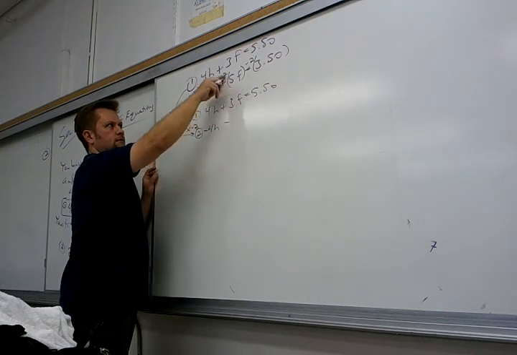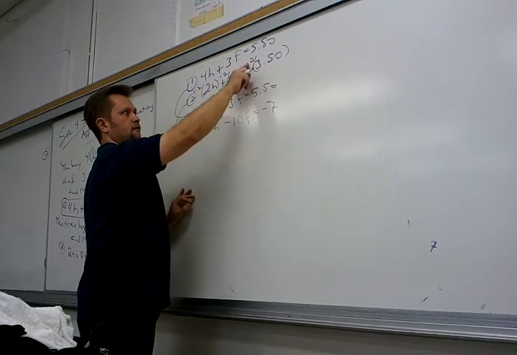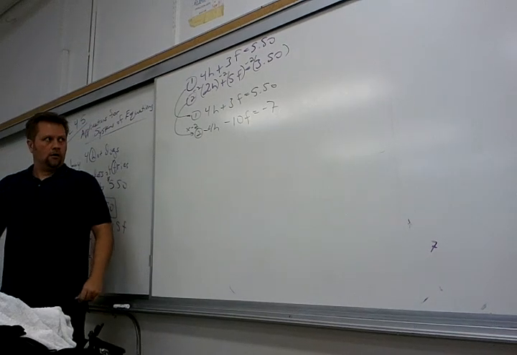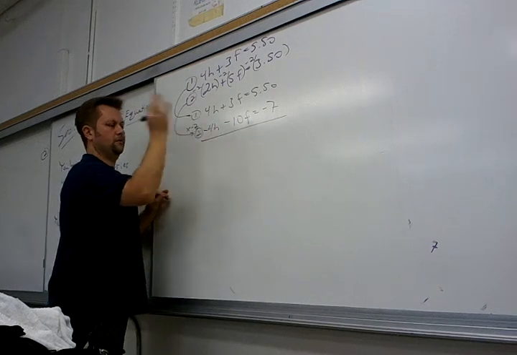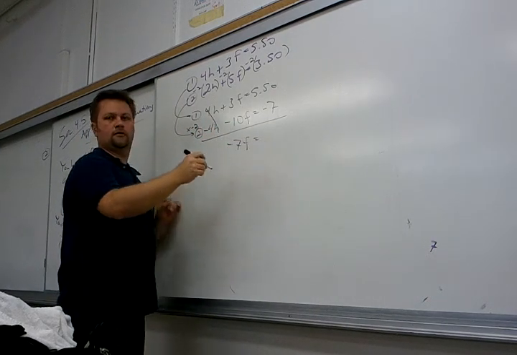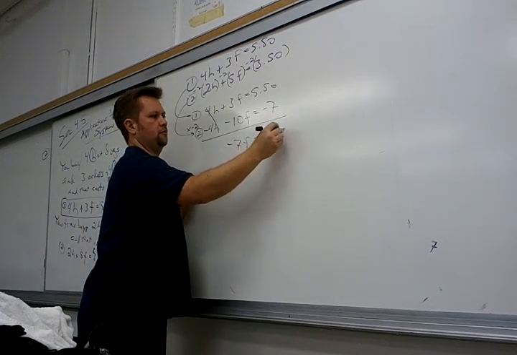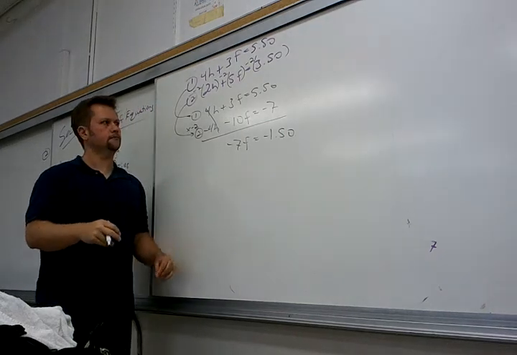-4H minus 10F equals -7. That decimal disappears if you multiply by a whole number. Now let's see if I got this right. It cancels. Not looking the way I wanted it to be, but we'll see what happens. -7F equals -1.5, then divide by -7.